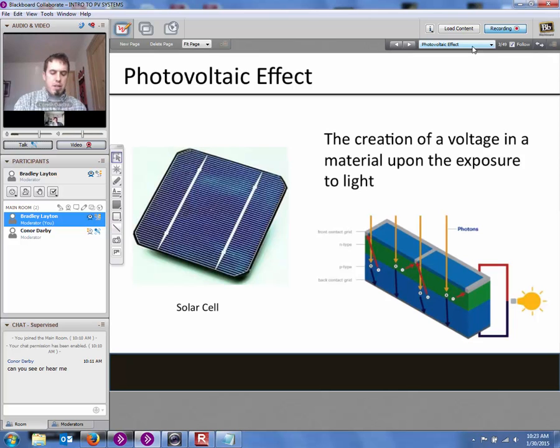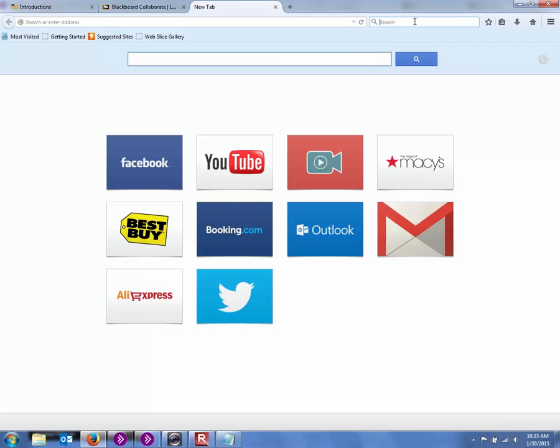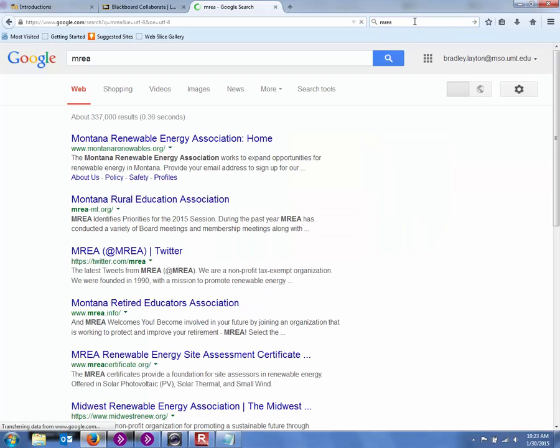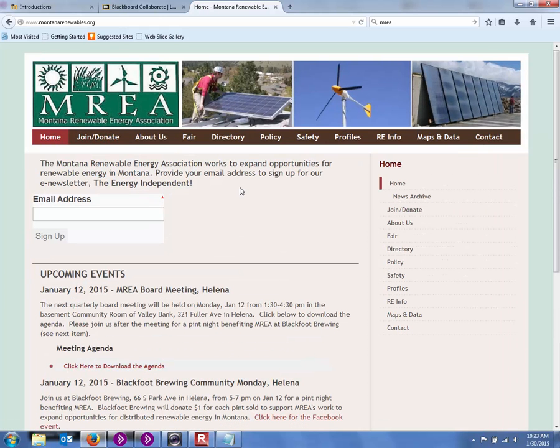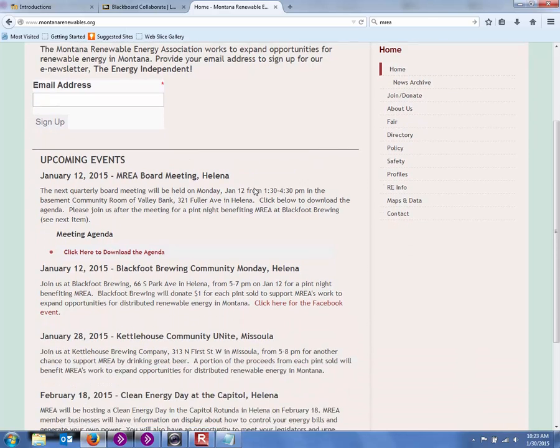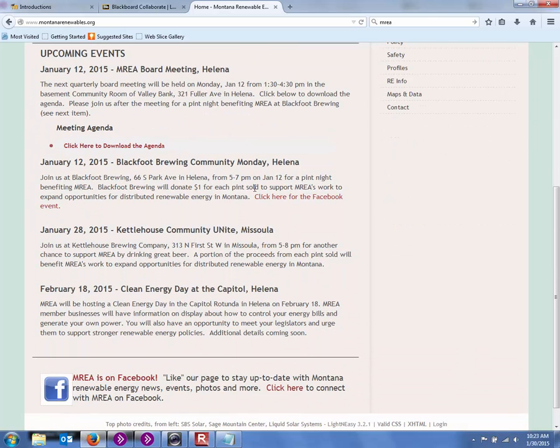I started going to meetings there in about 2005, and in 2008 became a board member, and in 2010 became president. I'm still president. This is my 6th year in that capacity, so I'm hoping to pass the torch next year and focus on other things. But it's been a great organization to be a part of, and I encourage you all to check it out. In fact, their website is montanarenewables.org.